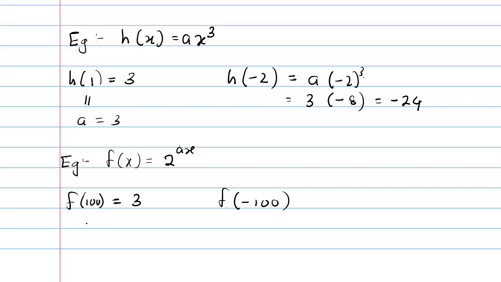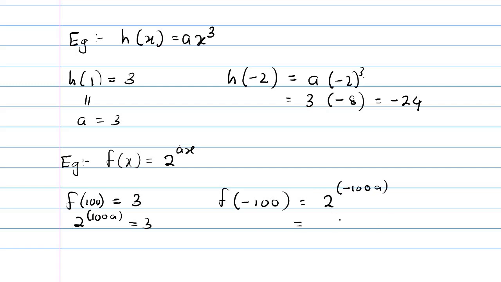So what is f of 100? If you just plug in 100, you get 2 to the 100a, which equals 3. Okay, so what is 2 to the negative 100a?